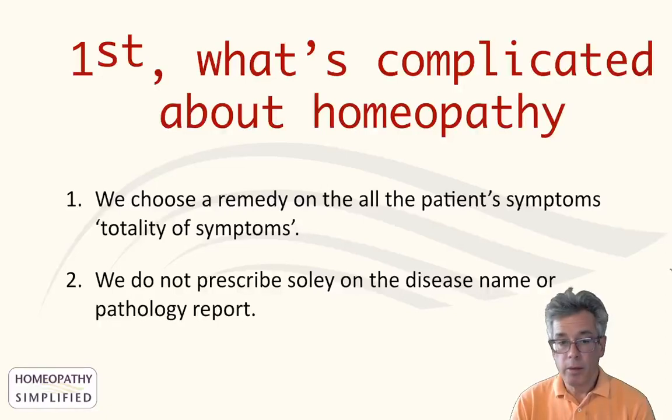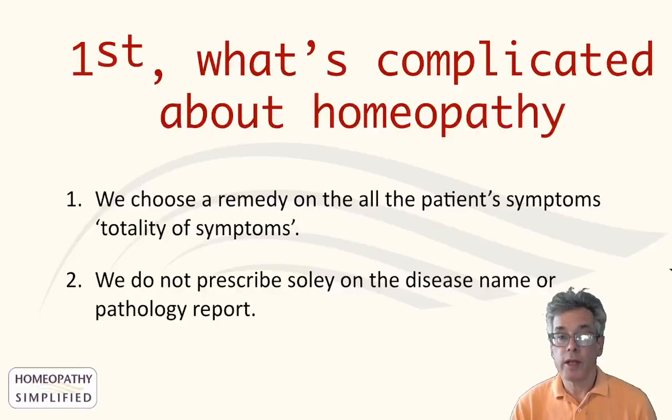The second point here: we don't prescribe solely on the disease name or a pathology report. So if a person has low thyroid, we don't give homeopathic iodine or thyroid. We give a remedy based upon other symptoms that might be out of balance along with their low thyroid function, supposing it's that.